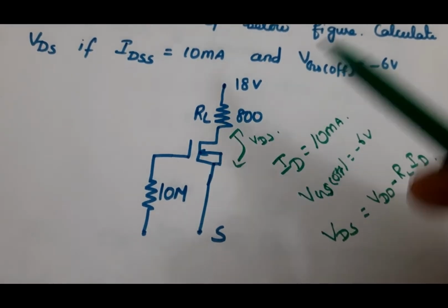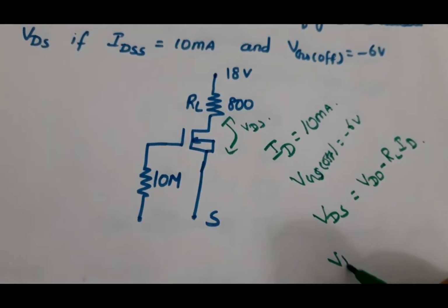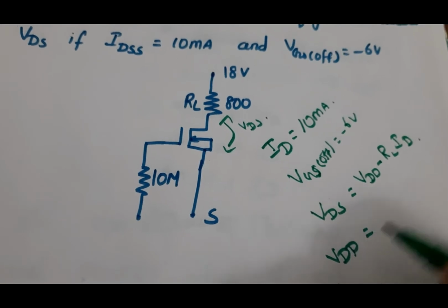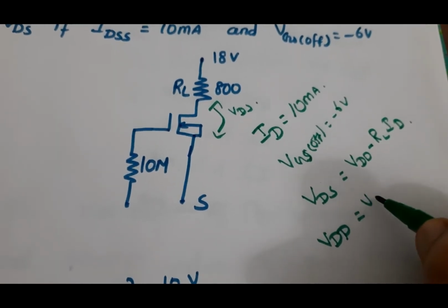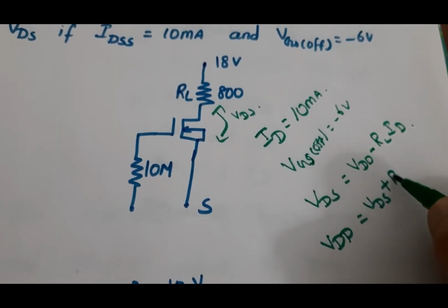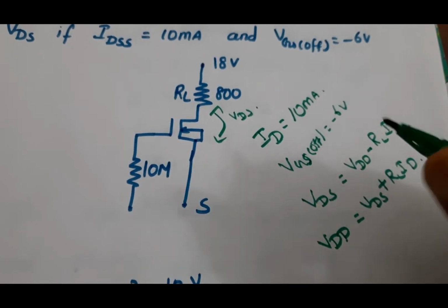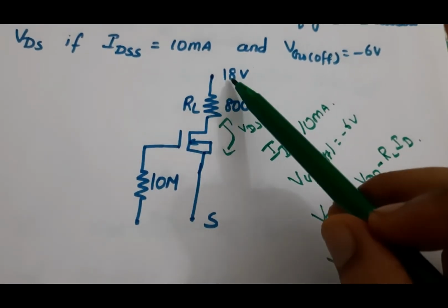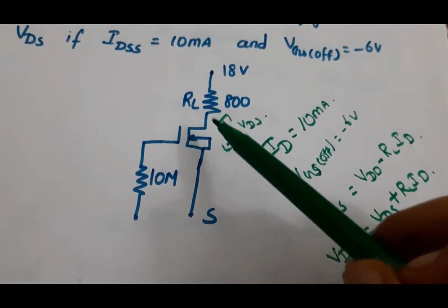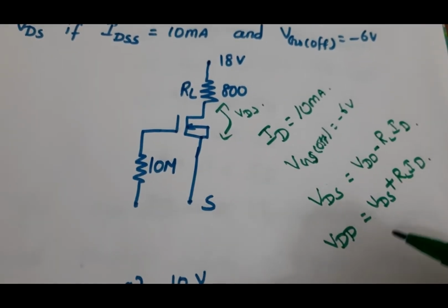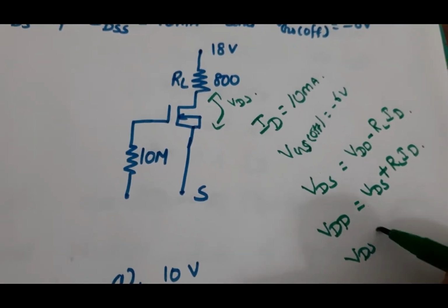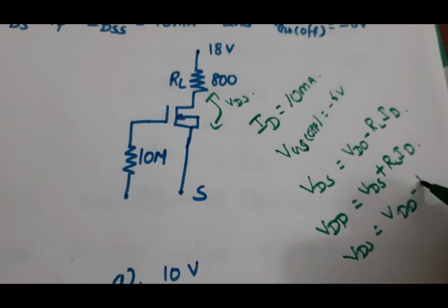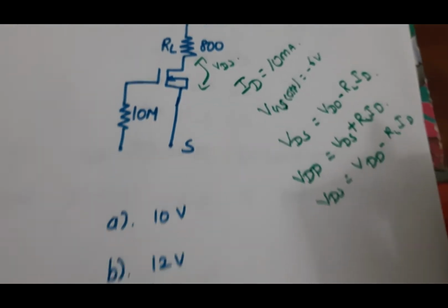Otherwise this equation comes from this, VDD is equal to VDS plus RL ID. So the voltage VDD is equal to the voltage drop across this RL and this VDS. So from that we can find VDS is equal to VDD minus RL ID.